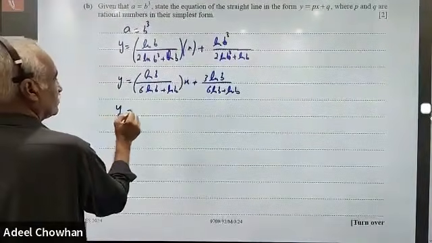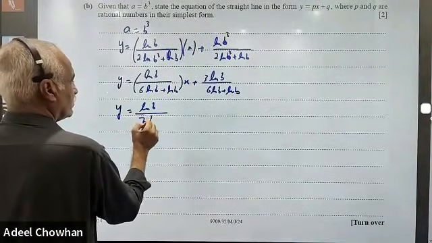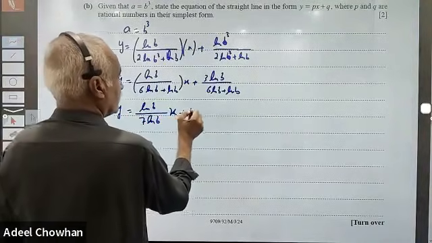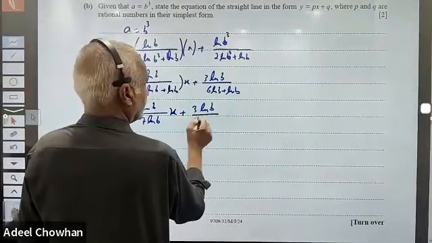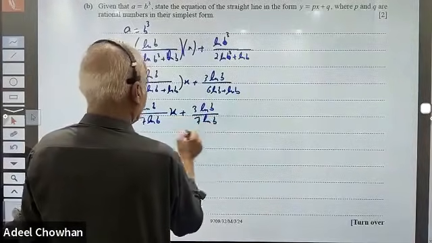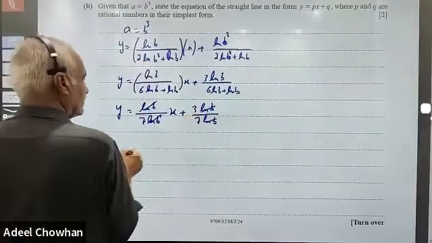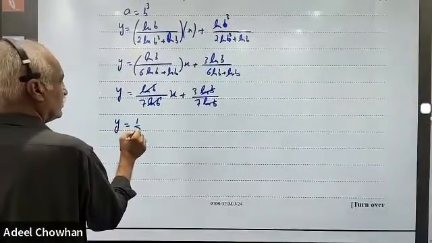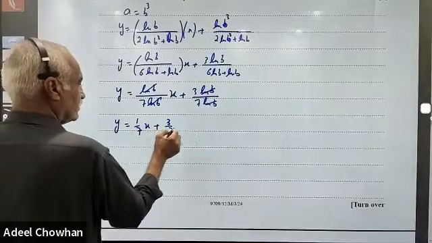So y is equal to log of b over 7 log of b into x plus 3 log of b over 7 log of b. Log of b and log of b cancel. So it should be equal to 1 over 7x plus 3 over 7.